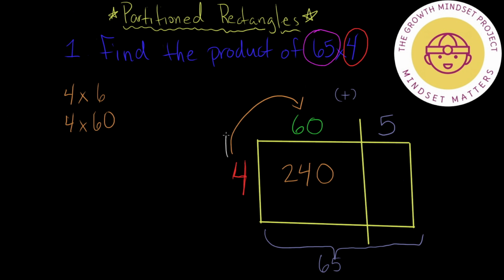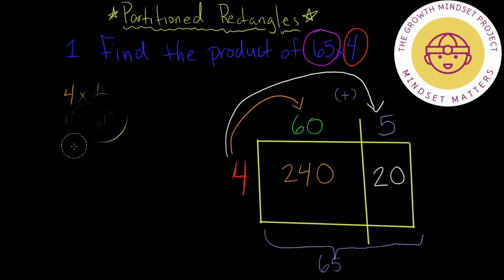Now, let's come across and let's do 4 times 5. Well, what is 4 times 5? That's 20. So now, we have our partition rectangle filled with the numbers. We have a 240 here, and we have a 20 here. All we have to do now is add those two products together.